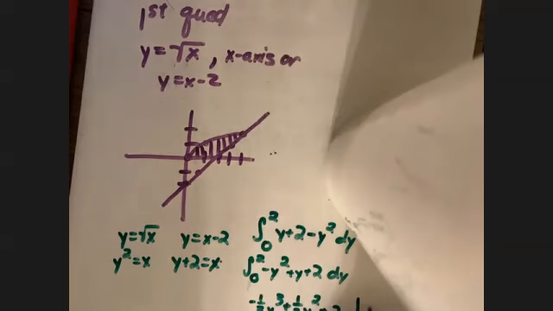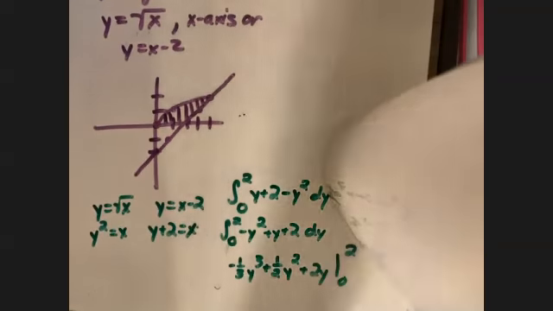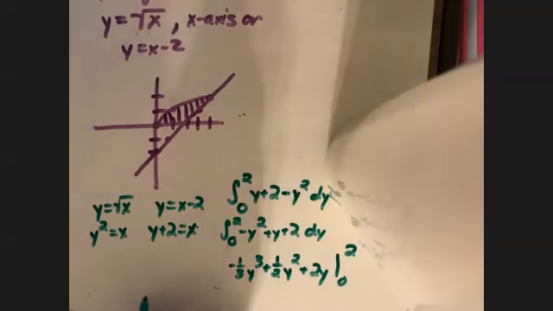So I'm going to rewrite. We've got the integral of -1/3 y cubed plus 1/2 y squared plus 2y. Sorry, don't need the integral up here on the front. Evaluated from 0 to 2. Sorry, lost my stuff here.